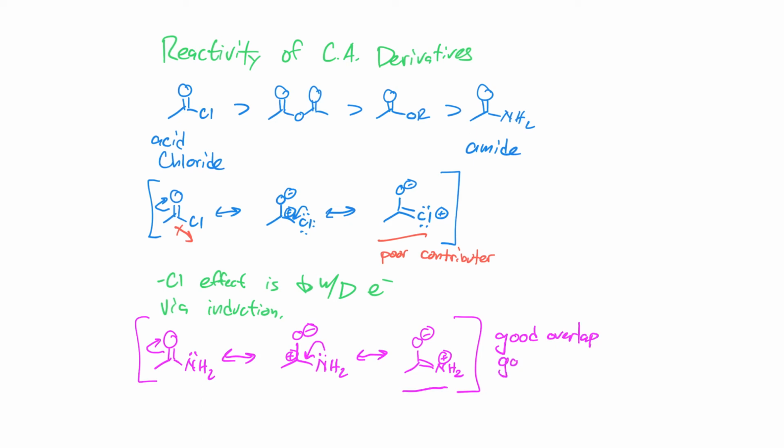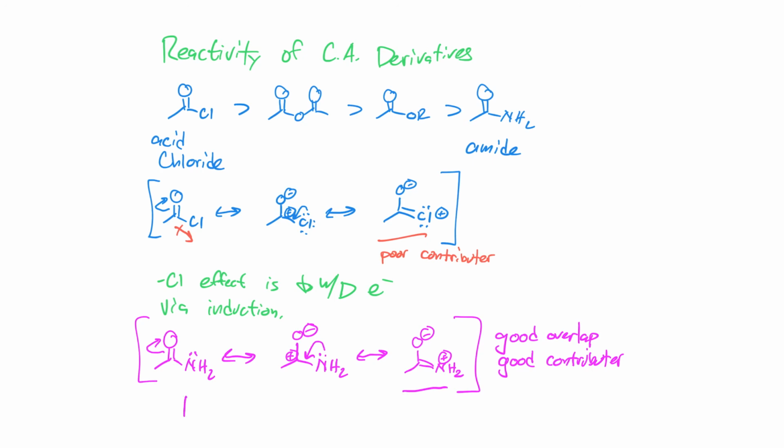This is a good contributor. So now, instead of two good resonance structures and one really sort of okay resonance structure, I have three decent resonance structures, and they can all combine to give me the overall picture of the electronics in the amide structure.